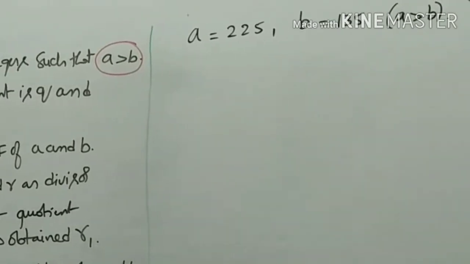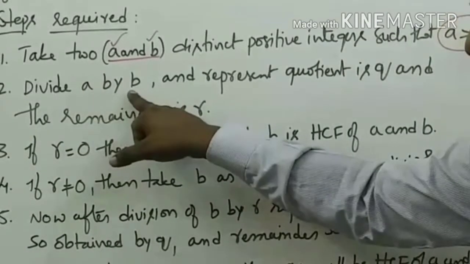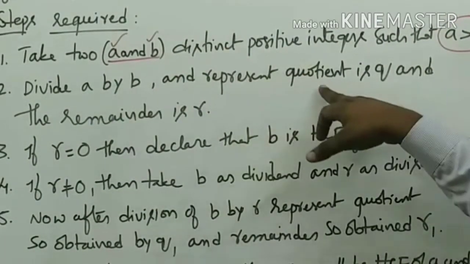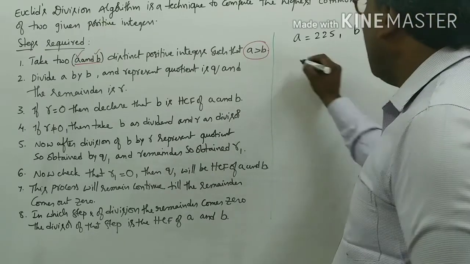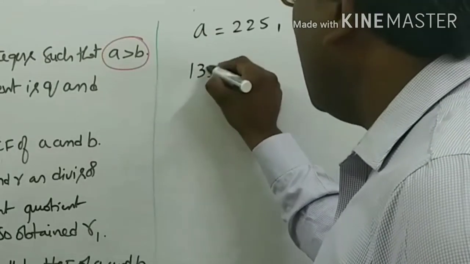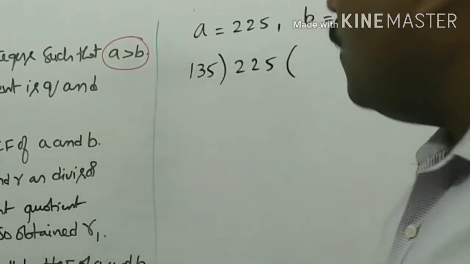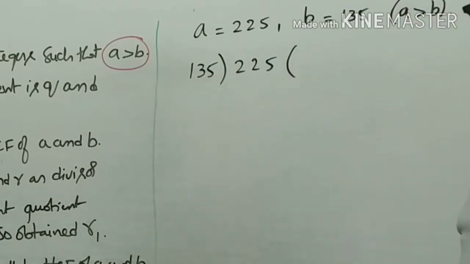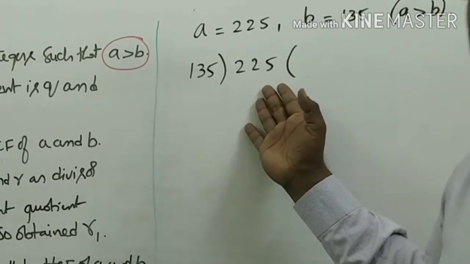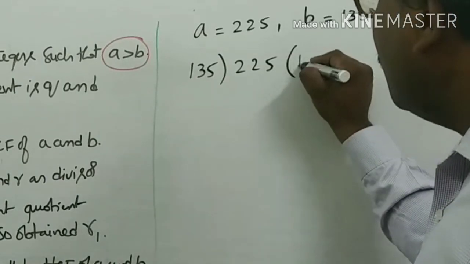My second step: divide A by B and represent the quotient as Q and the remainder as R. So I divide 225 by 135. If I take 2 times 135, it is more than 225, so I take 1 time.